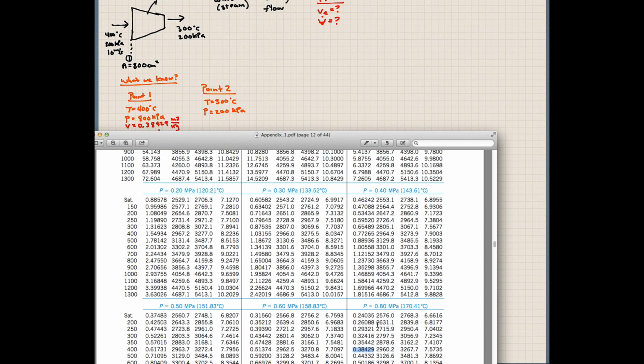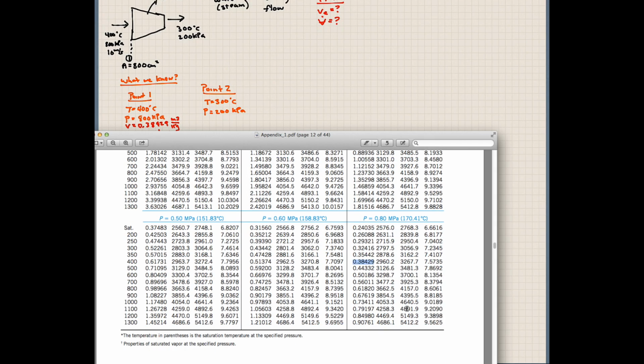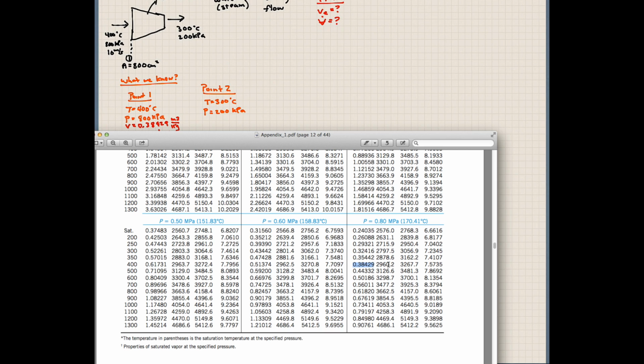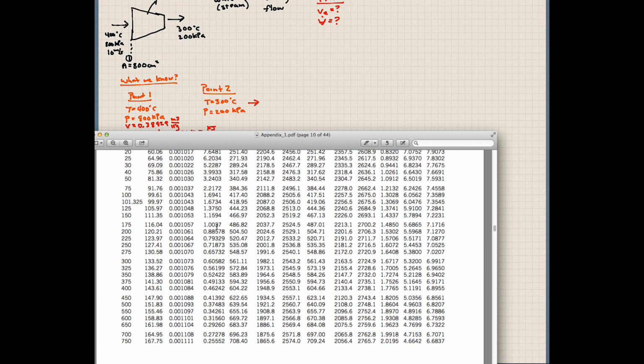Our enthalpy, let's see which column that is. It's the third column. So the third column is 3267.7 kilojoules per kilogram. Okay? All right, we got that. So now let's look at what we need at point 2. So let's start this process again. Let's go to our pressure table. 200 kilopascals.